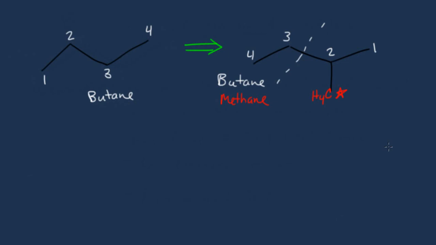And so here we have a parent chain that is butane with something substituted on the 2 position, which is methane, so CH4.